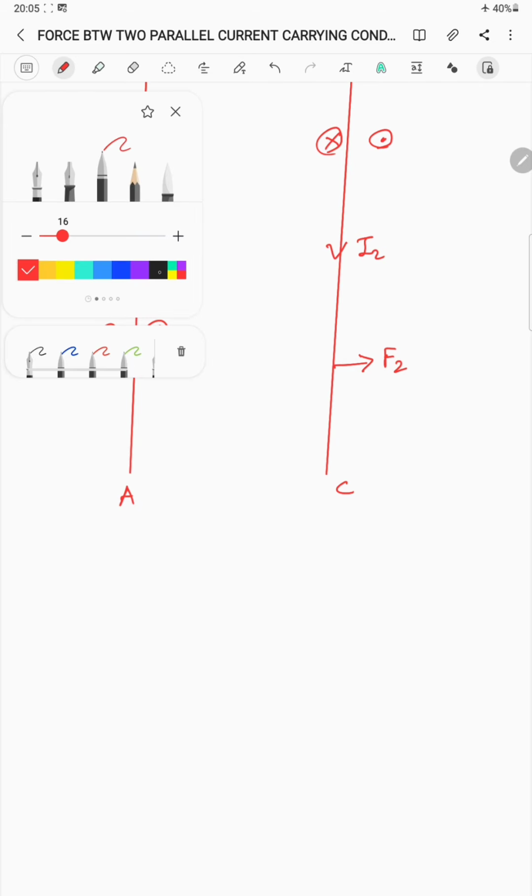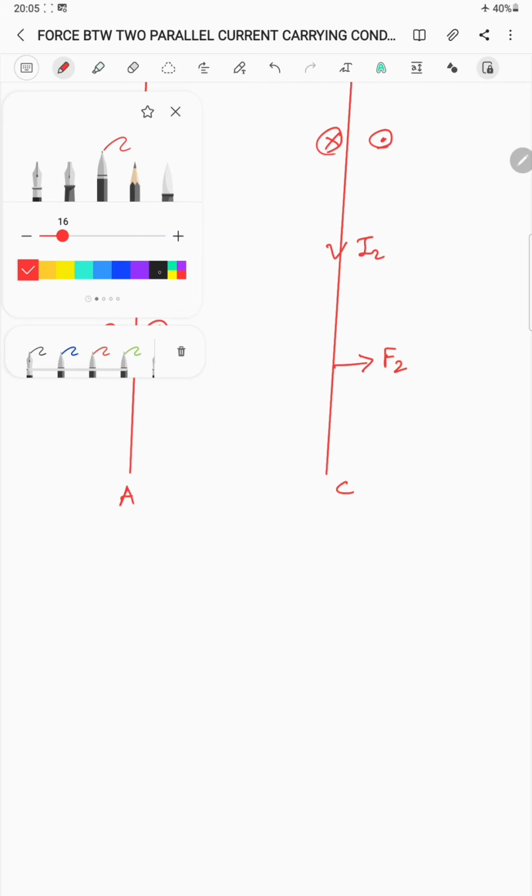Now this comes as a long question. Along with it, it comes define ampere. So I give a heading, definition of ampere, which is the unit of the current. Basing upon this, we have to define current.